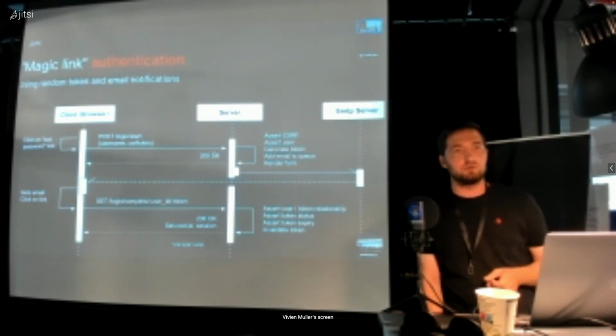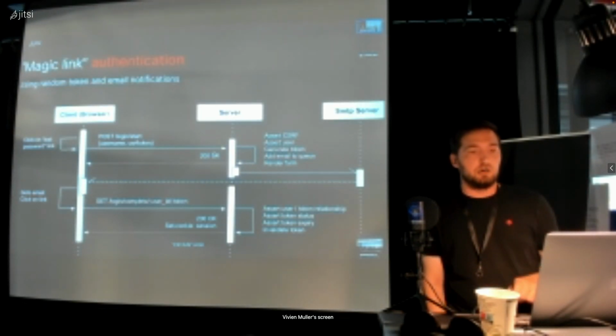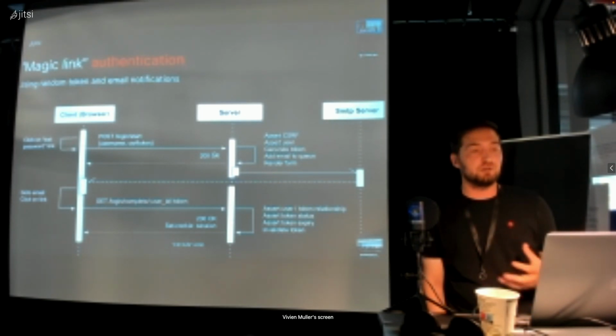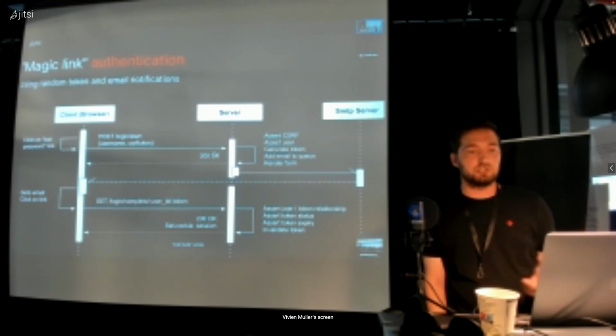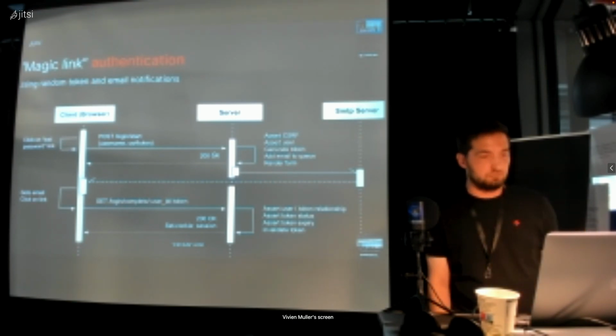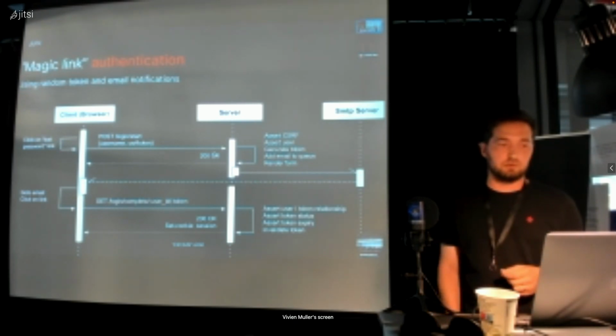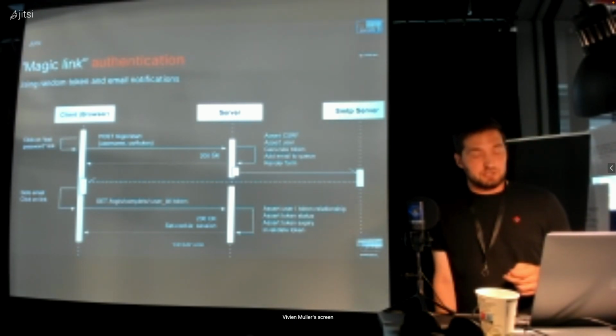One of the other authentication mechanisms that you will implement when you're a developer is the account recovery link option. The way it works is pretty straightforward. Again, we post the username and the cross-site request forgery token, and in exchange for that, the server will trigger an email notification with a token that has been generated, and the user will need to switch context and go to their email client, and then click on the link or type in the code that was sent over this email.